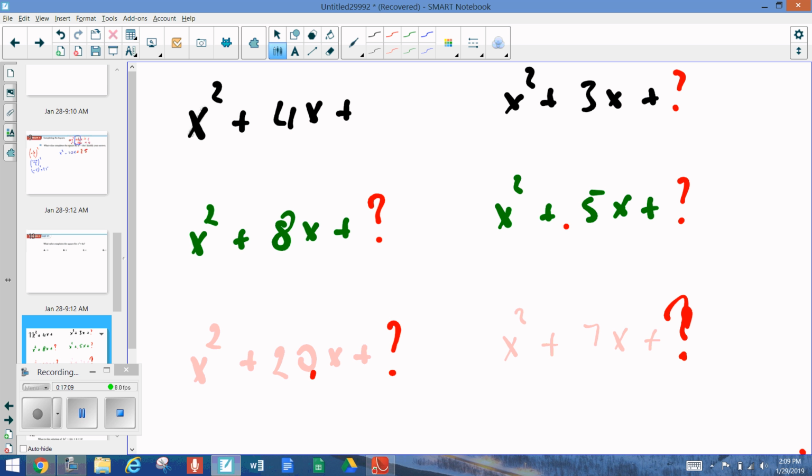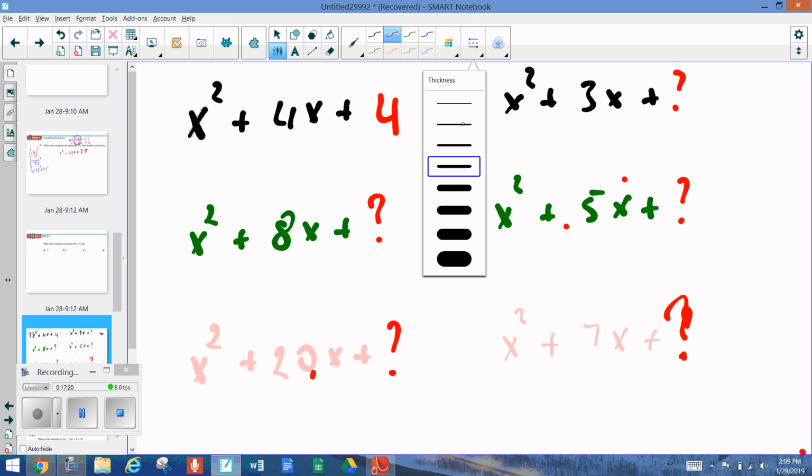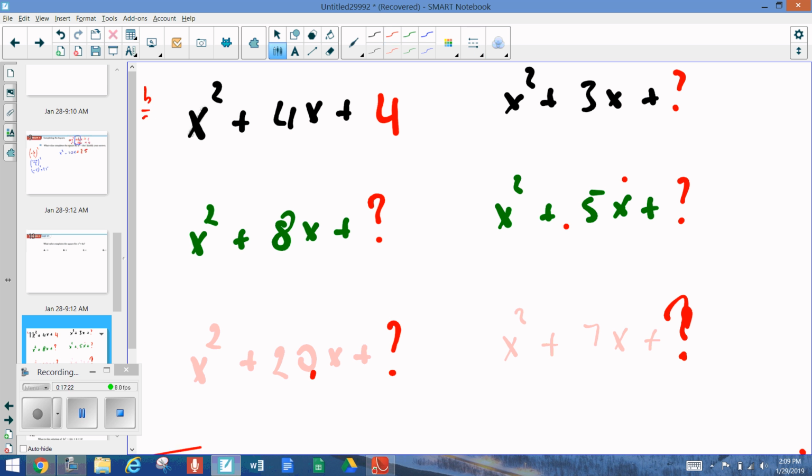Four is correct. Why? He's doing the regular way, but you apply the formula. What was the formula? b over 2, squared. b is 4. 4 over 2, squared. 2 squared equals 4.